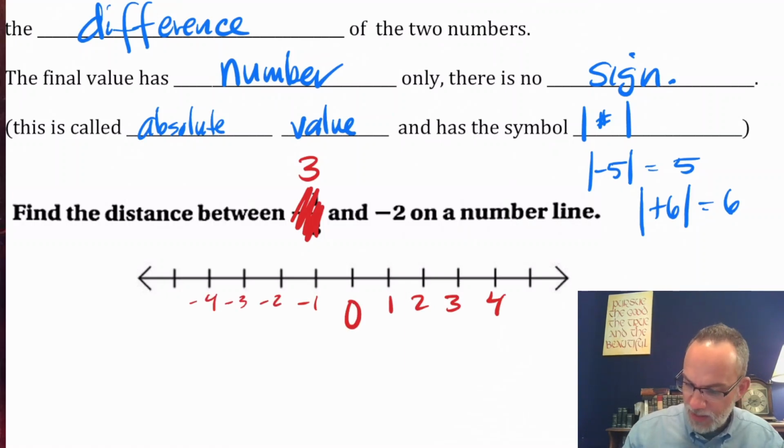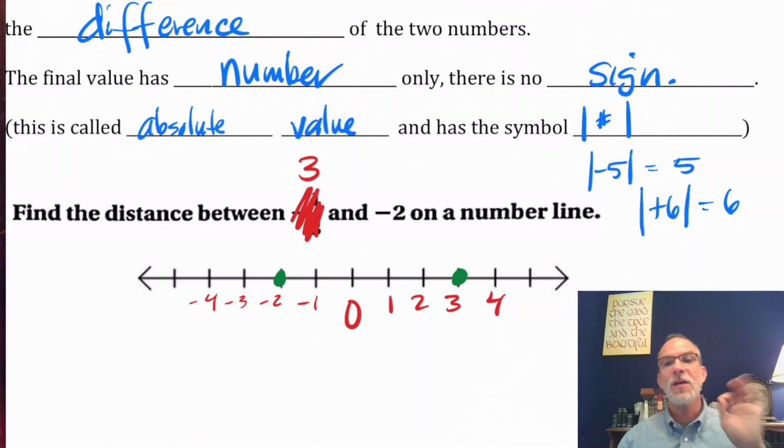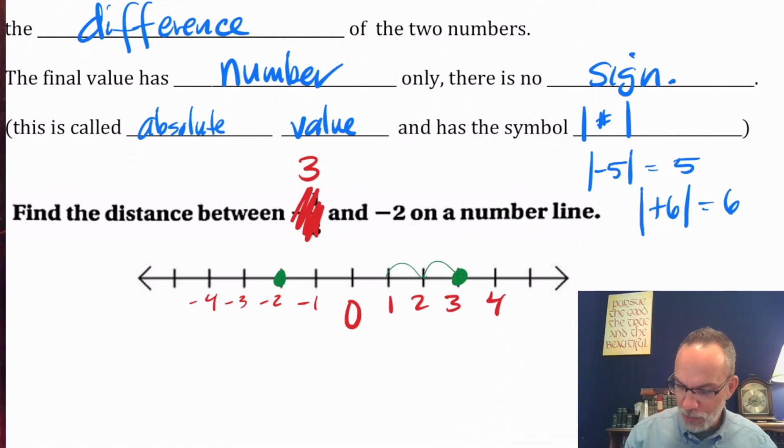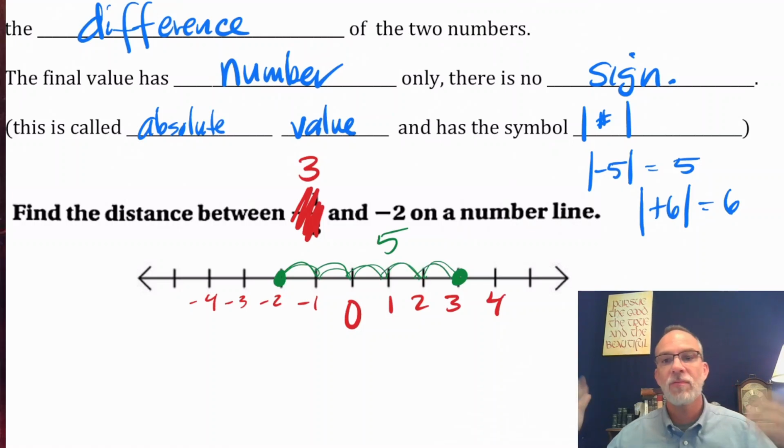I'm looking for the distance between 3, which is that location, and -2, which is that location. And if you can count, all you got to do is go, well, it's 1, 2, 3, 4, 5 units. 5 units. But it doesn't matter if you go the other direction. Count forwards. 1, 2, 3, 4, 5. It's 5 units. They're 5 units away from each other.